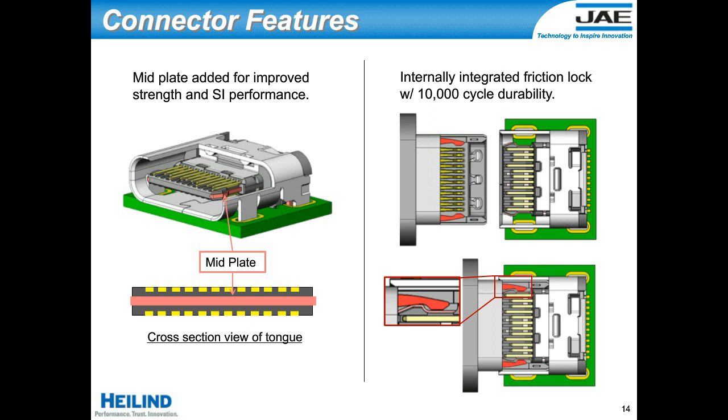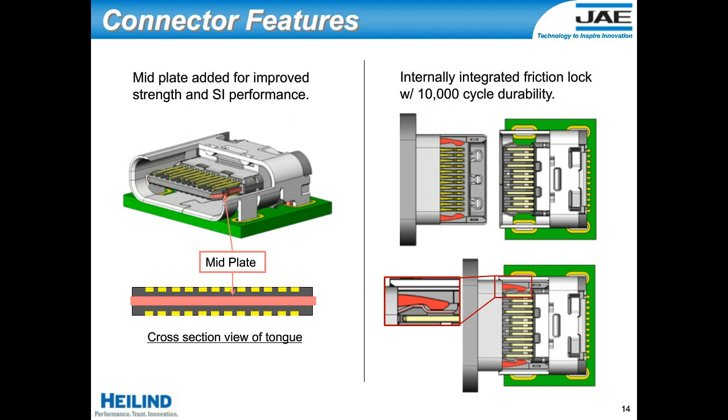In the area where the actual friction latch engages, you can see that the mid plate in the receptacle tongue is actually exposed outside of the plastic. And the reason for that is to improve the longevity. It's very important to have this metal-on-metal contact, so the metal spring latch in the plug makes contact with the metal mid plate inside the receptacle side.